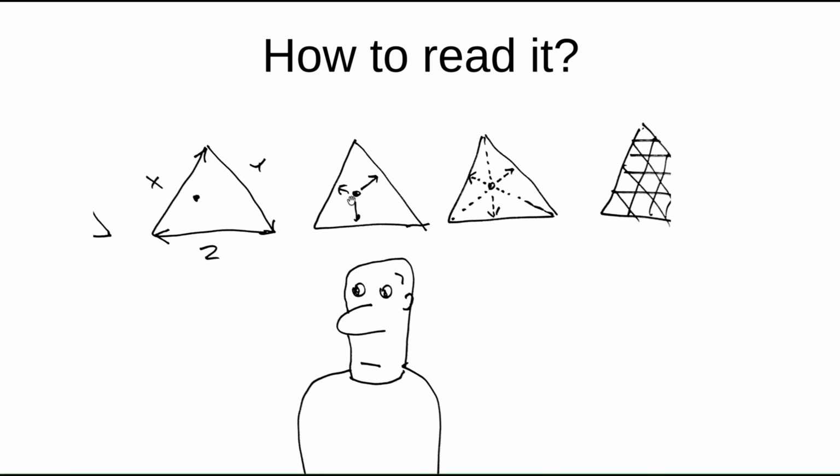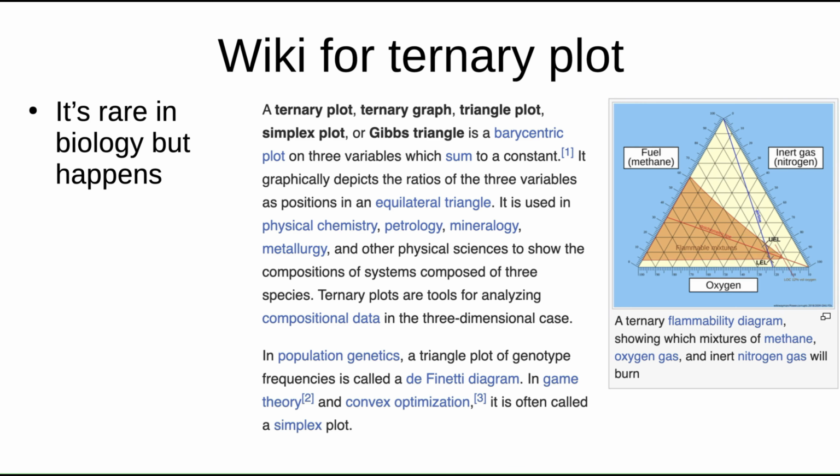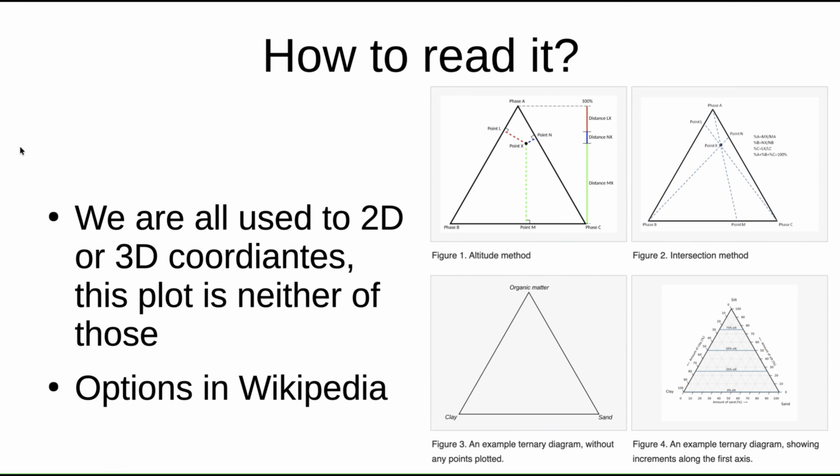Of course you can read it by projection perpendicular to one of the three coordinates, or you can draw a line through the dot from the corner to the opposite scale, or it might be a grid and you follow the grid. You can read some details in Wikipedia and find out that all of those possibilities exist. Never mind this empty triangle.